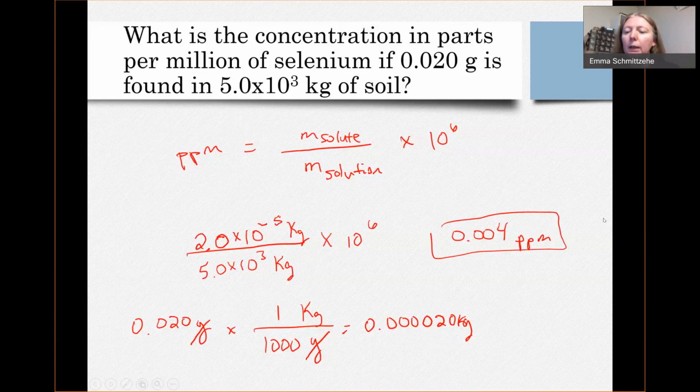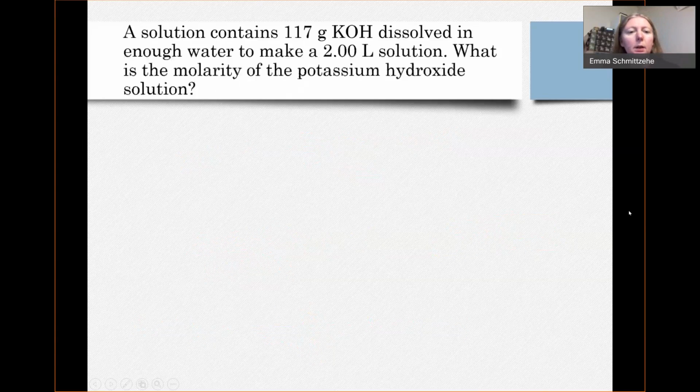Okay, next up, we have a solution that contains 117 grams of KOH dissolved in enough water to make a 2-liter solution. What's the molarity of potassium hydroxide in the solution?